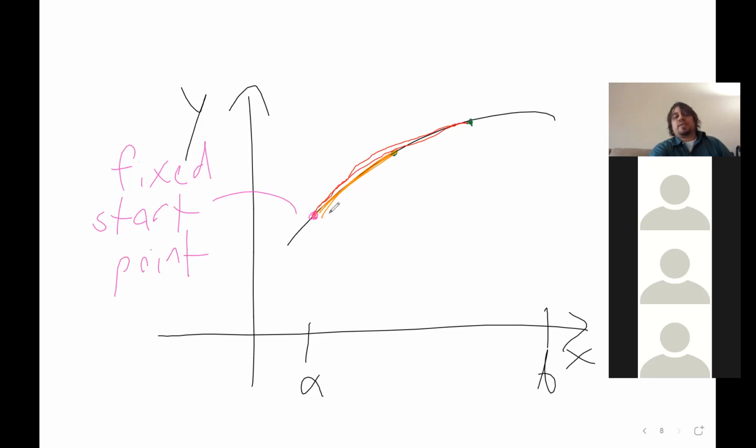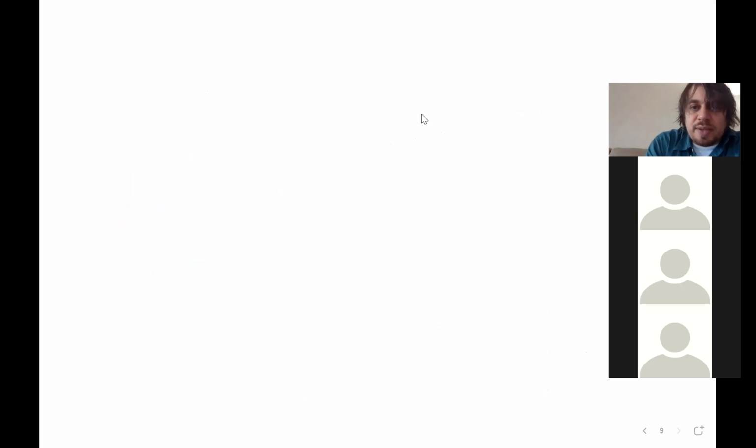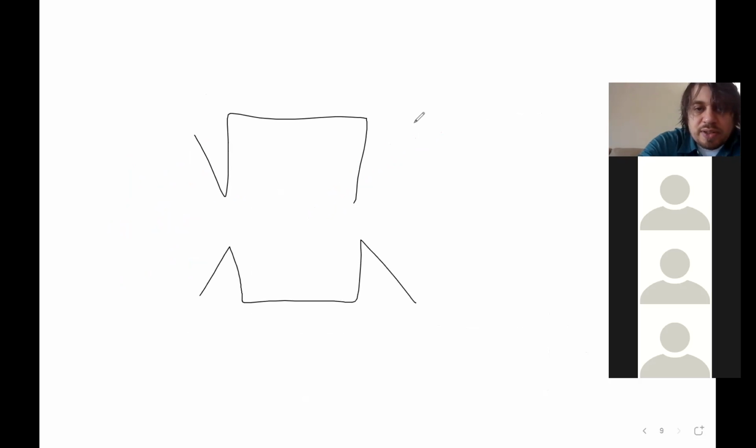Make sense? So you fix the starting point, and if you input into the function any point on your curve, the output will be the length of the arc from your starting point to that point. That's the arc length function. So the arc length function is something where this is a machine diagram representation of a function.